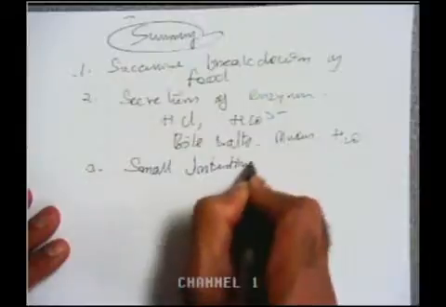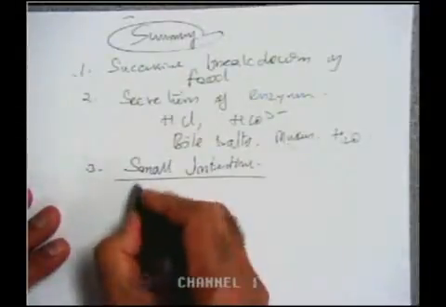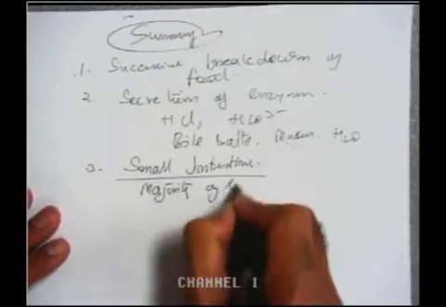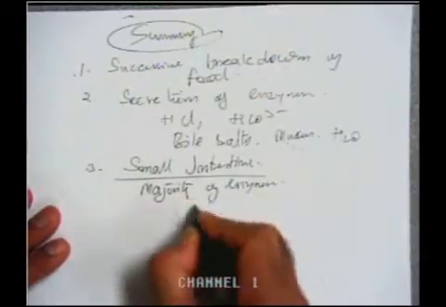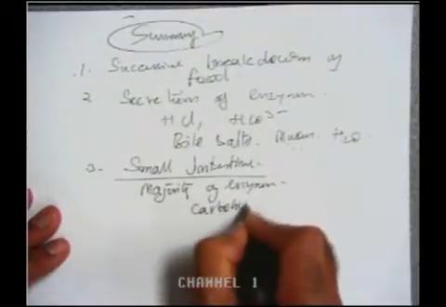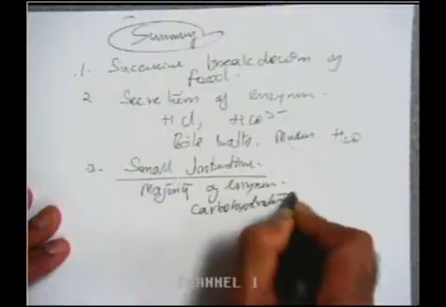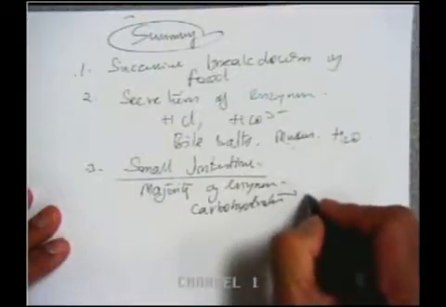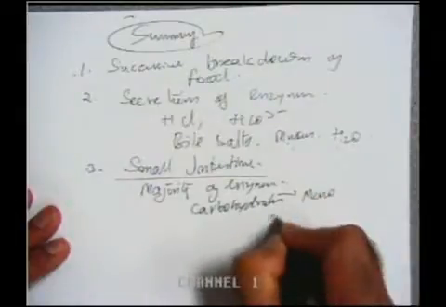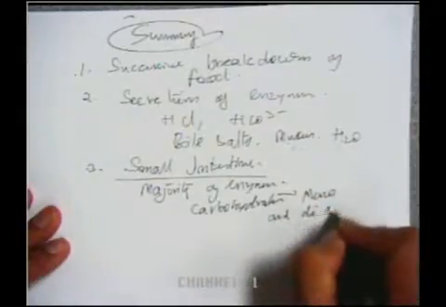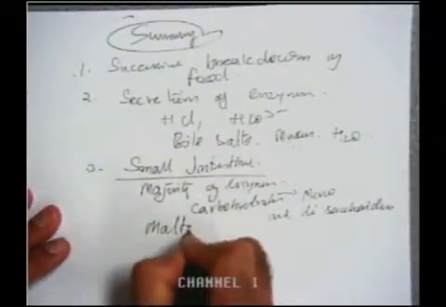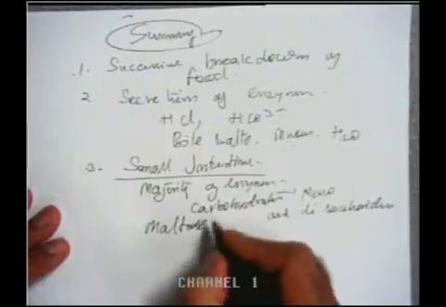In the small intestine, we studied the majority of the enzymes. These enzymes, what we studied on the carbohydrate digestion enzymes, like the mono and disaccharides, like maltose, which is digested from the starch, right?